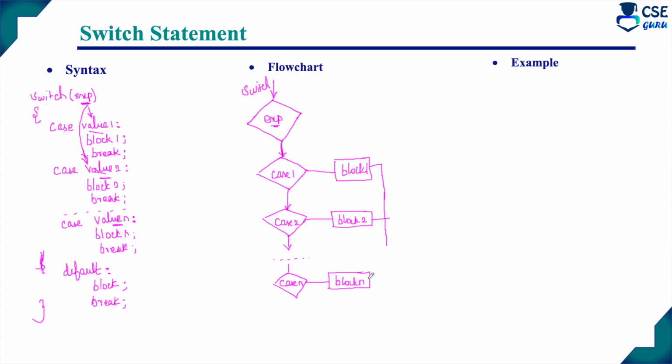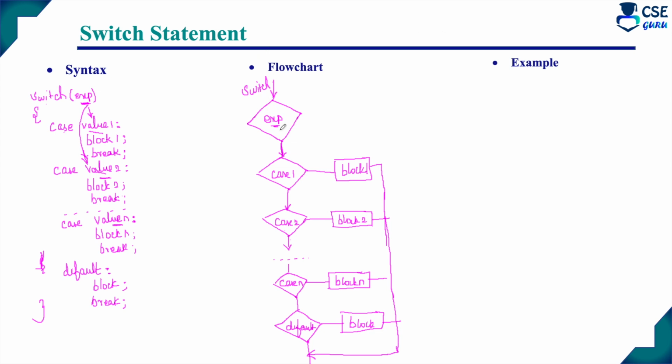Suppose it does not match with any of these case alternatives, automatically it will go to the default block. This default block will execute, and then control goes out of the switch. So this is the flowchart for the switch statement.